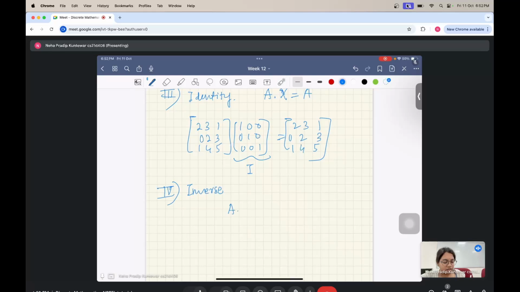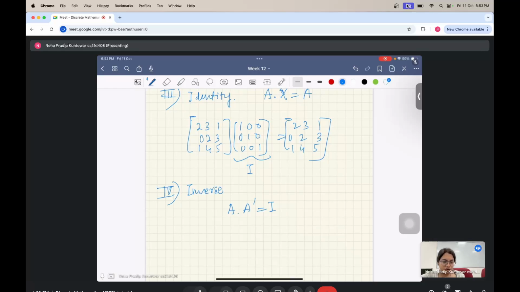That is, is there a matrix A prime, which if I multiply A with, I get back I. And we know from the properties of matrices that not all matrices are invertible. If there is an A prime such that you can multiply it with A and get back identity, those matrices are called invertible matrices.